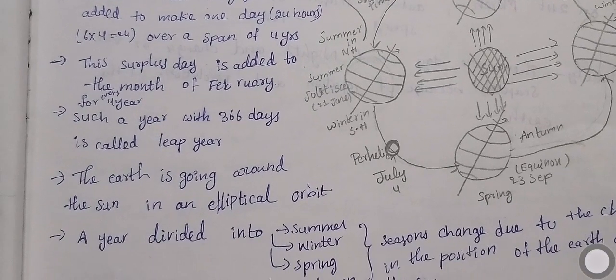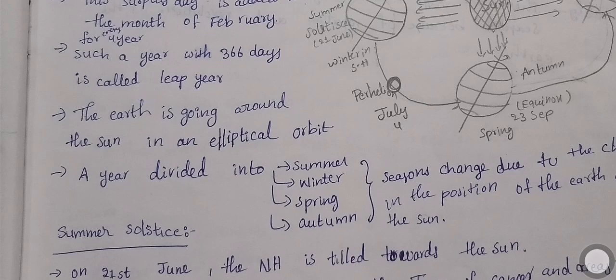Next, the earth is revolving around the sun in an elliptical orbit. Hence, one revolution takes 365 days. That is called a year. We divide the year into, actually, 4 seasons, that is summer, winter, spring, and autumn.